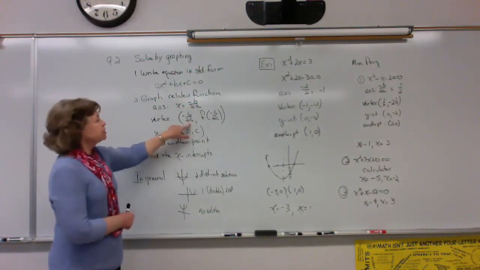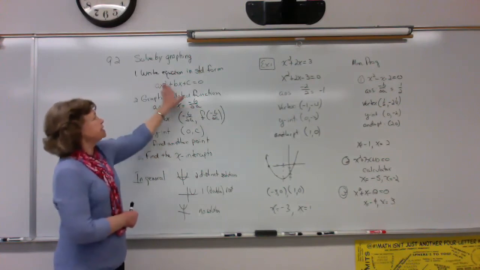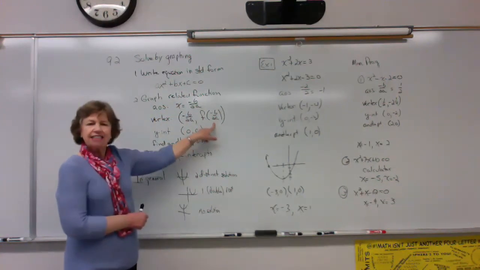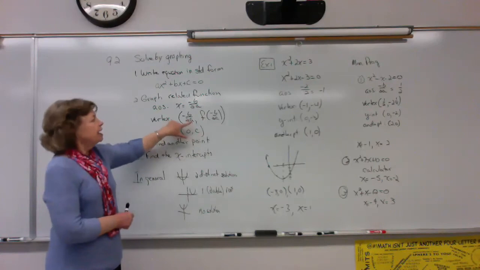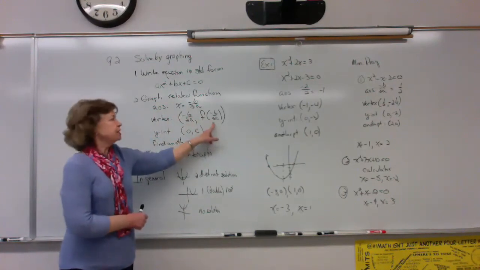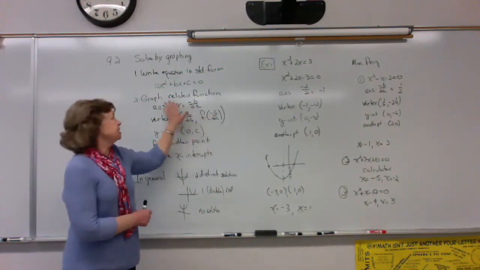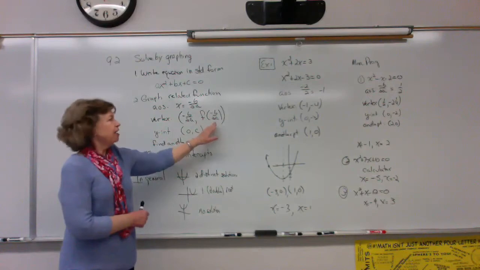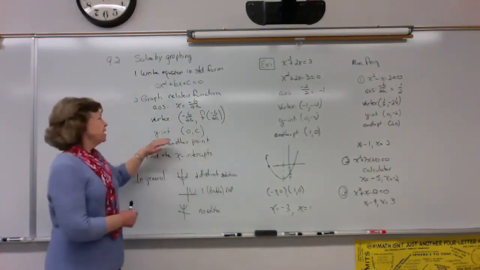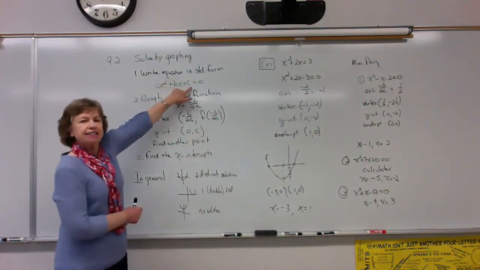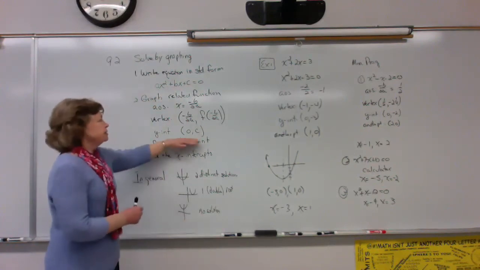We plug that x-coordinate back into the original equation to find the y-coordinate of the vertex. We indicate that by saying, if x is minus b over 2a, its corresponding value is whatever that function is, evaluated at minus b over 2a. So f of minus b over 2a. The y-intercept: if x is equal to 0, then y is equal to c. So 0 comma c.